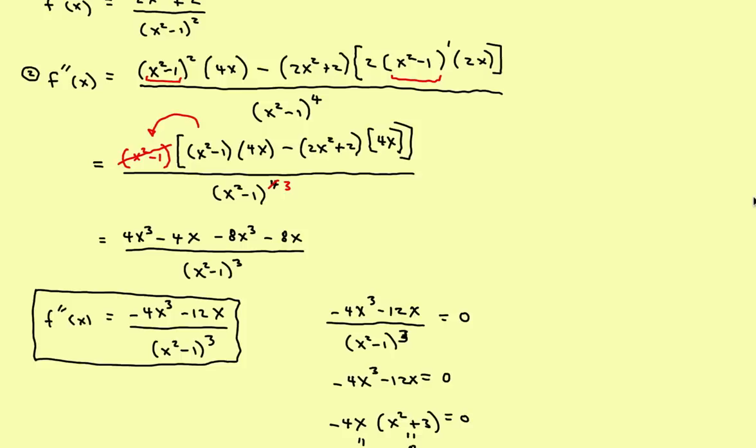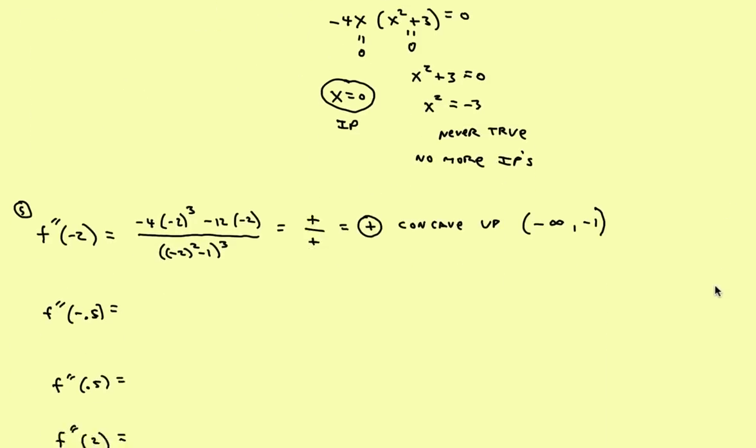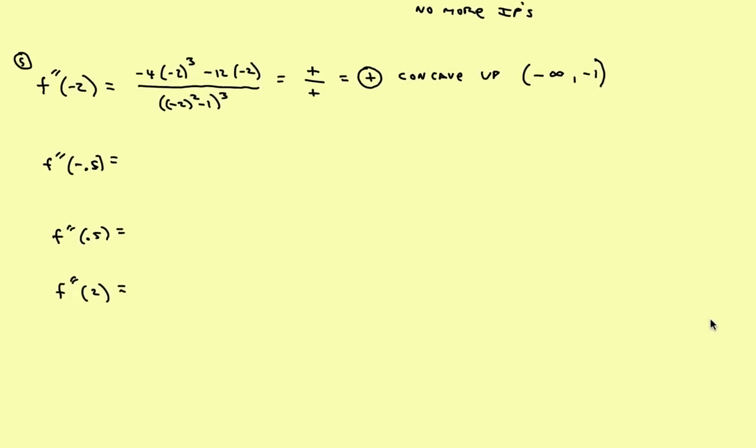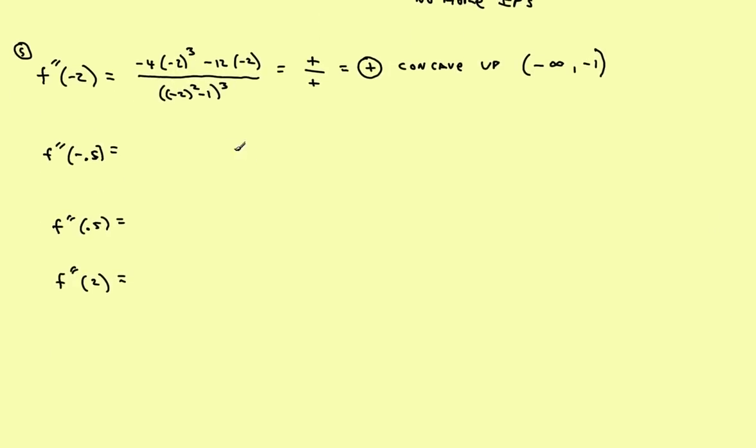Now let's figure out what's going on in this interval right here. So we'll go back down again. And we'll go ahead and finish up these other three here. So this one would be 4 and plug in a -0.5 cubed minus 12 times a -0.5 divided by -0.5 squared minus 1 cubed.